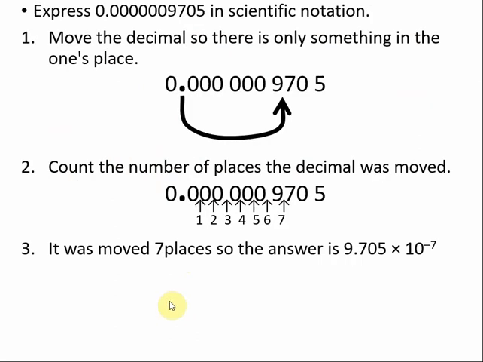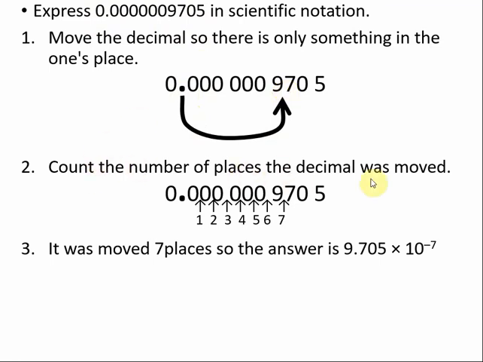Here's one more example. Express 0.0000009705 in scientific notation. This first 0 doesn't matter, it's a placeholder. You're going to move the decimal just past something so there's something in the ones place.